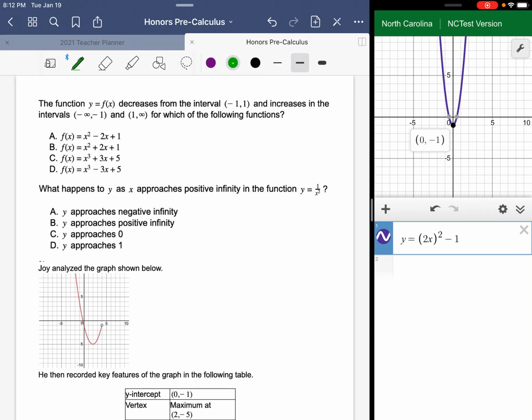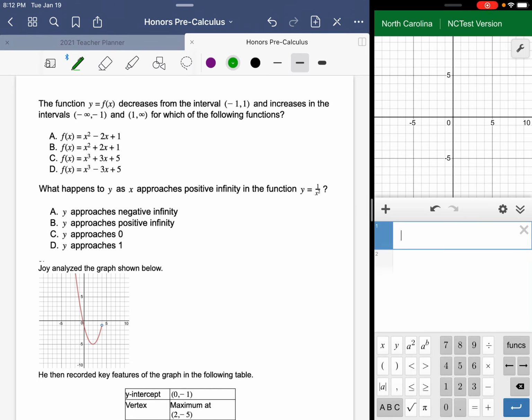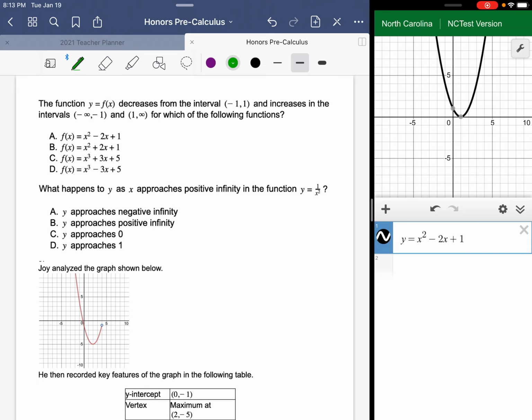All right, so this one asks, which one of these has a value that is decreasing from negative 1 to 1 and increases from negative infinity to negative 1 and 1 to infinity? So this is going to be you typing in each answer and figuring out which one works. Well, this one, when I'm looking at the graph, I can see that it is going to decrease from the left and then going to increase.